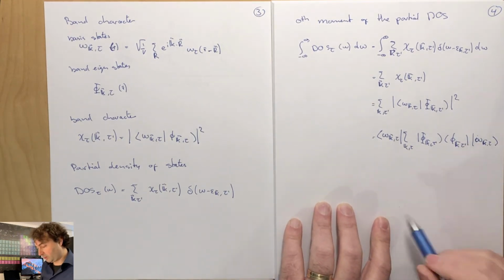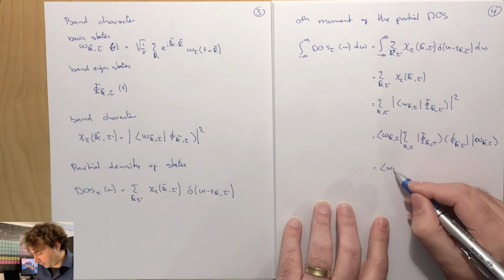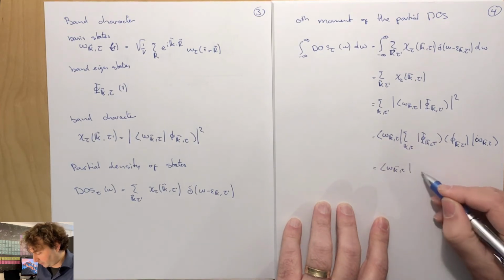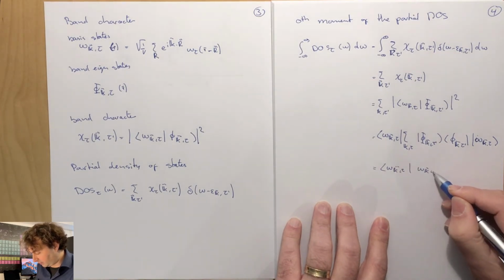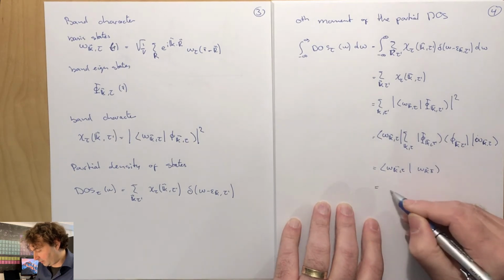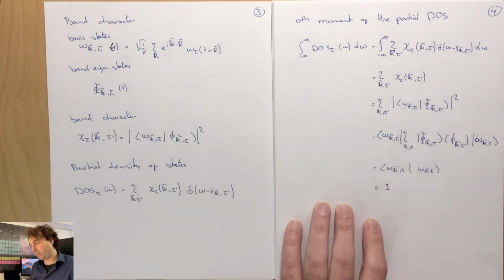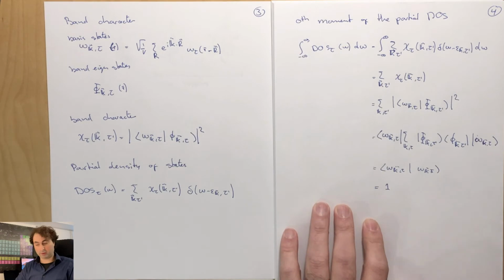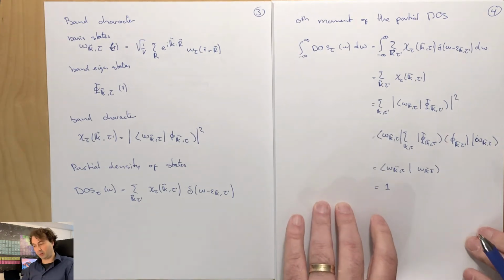And this is 1, so what is left over is omega k tau, omega k tau, and that is exactly 1. So the integral over our partial densities of states is equal to 1.